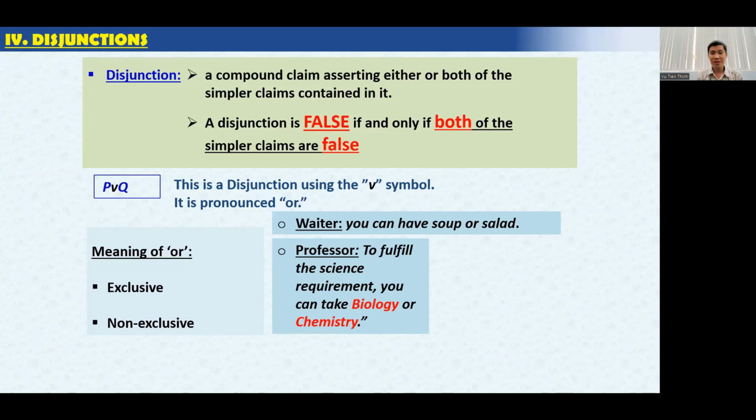You can submit a certificate of just any one of them. But now you are so good, and you have certificates of IELTS and TOEFL as well. Okay? Absolutely okay. Then from this, we have the meaning of or here. That's non-exclusive.